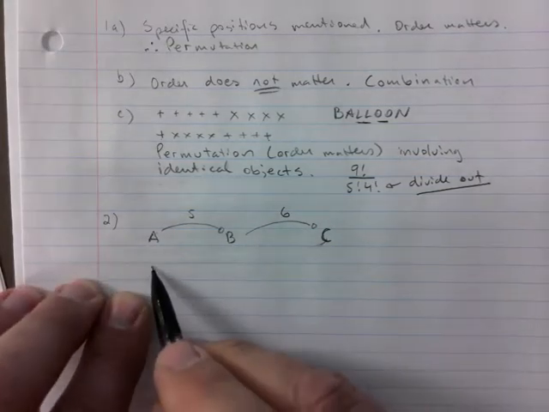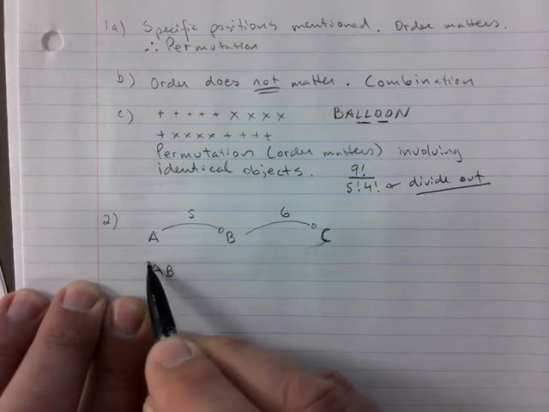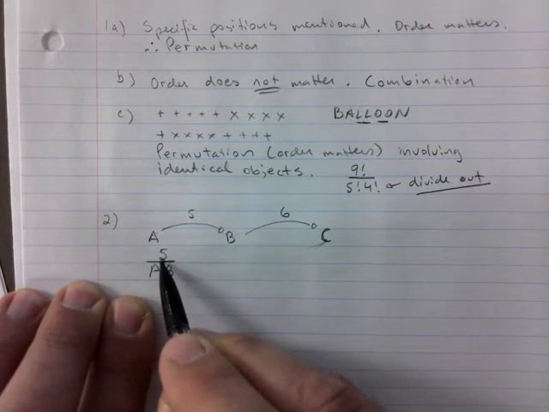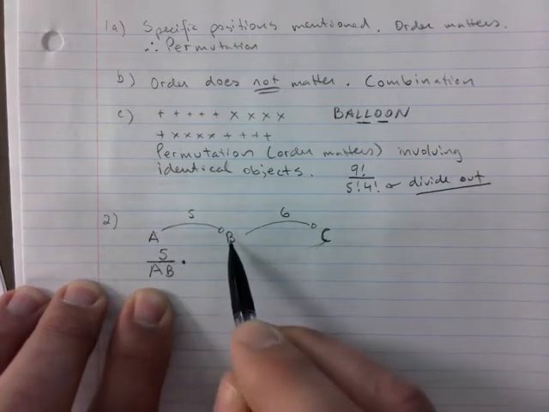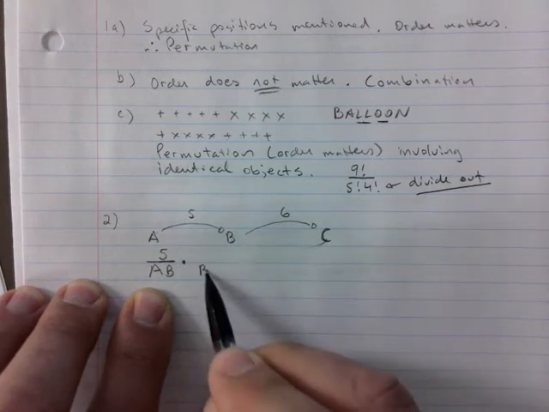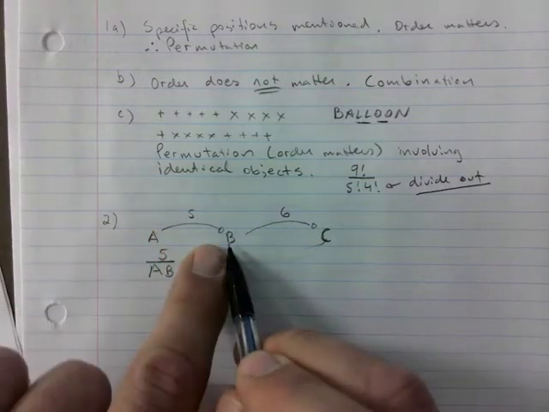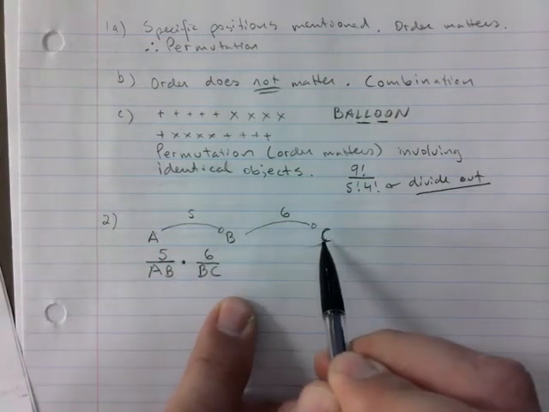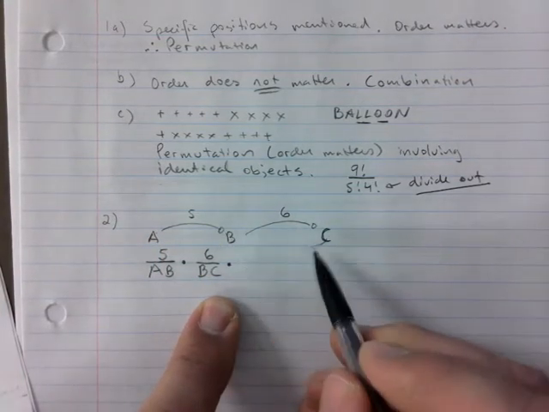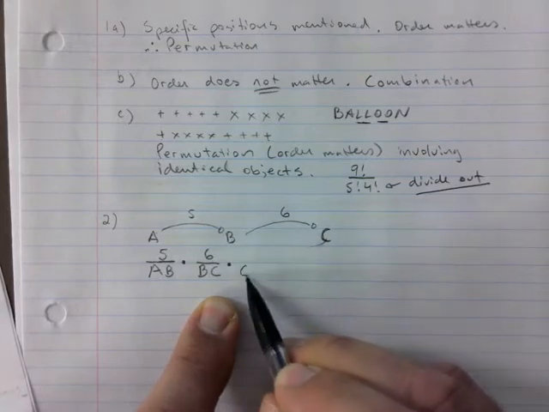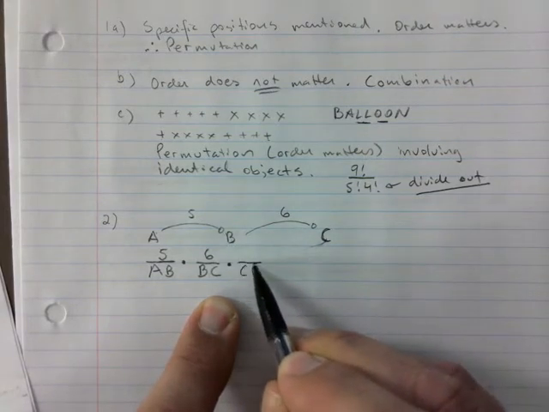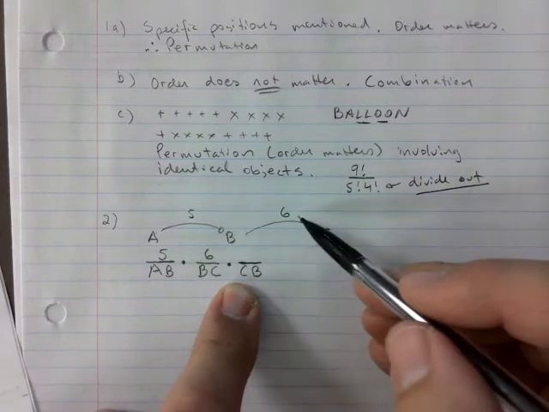Basically, from A to B there are 5 options. To go from B to C, there are 6 options at first. You have 5 to go from here to there, 6 to go from here to there. When you're coming back from C to B, how many options do you have now?